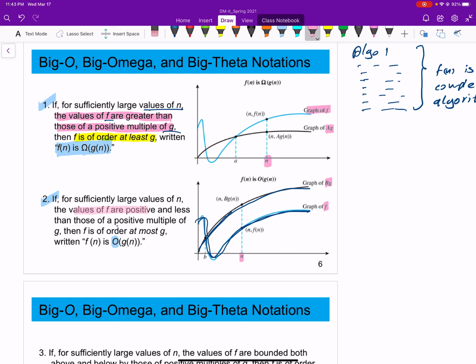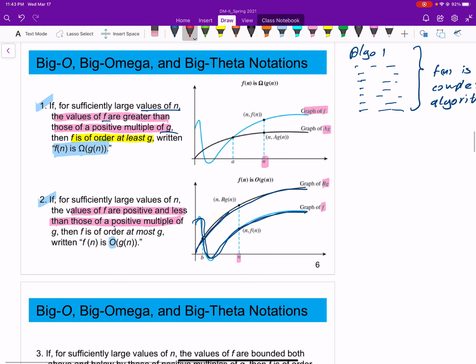Values of f are positive and less than, that means it is less, you see. The computational graph is below, here it is above, so that's why we say greater than. Now it is below, we say less than a positive multiple of g.